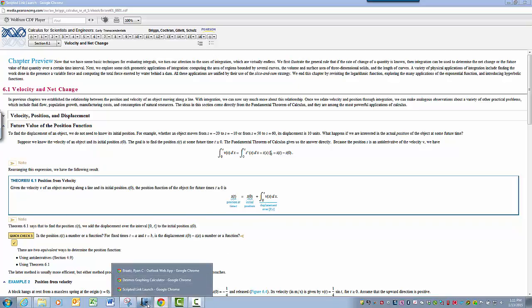So let's say, for example, that we have a velocity function. I'll make something up here. We'll say the velocity as a function of t is equal to, I'll use that same one that I used last time, negative 2t plus 4.